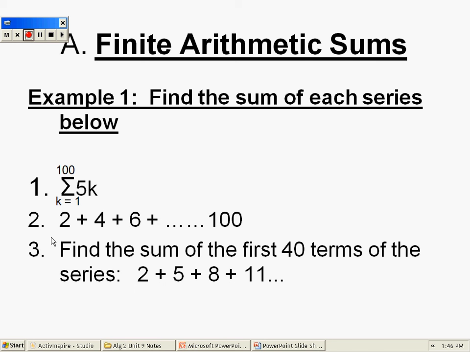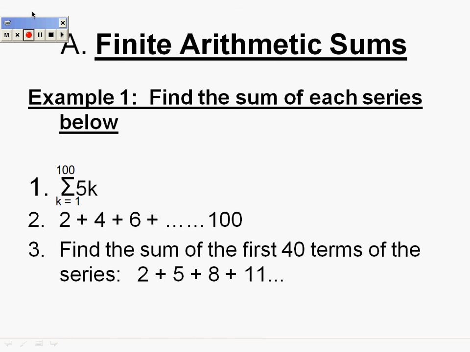They're telling you that how many terms are there? 40. So that's what n is. And we know what the first term is. It's 2. So the thing we're stuck on is finding the last term. But you're still going to use the nth term formula. So let's go ahead and just see what comes out of this. All right. 2, 5, 8.